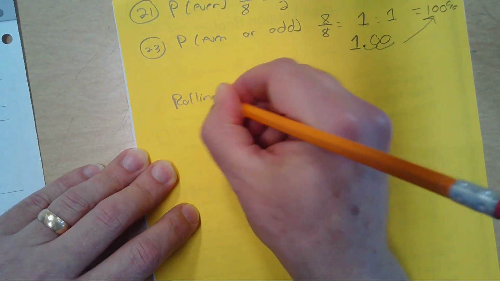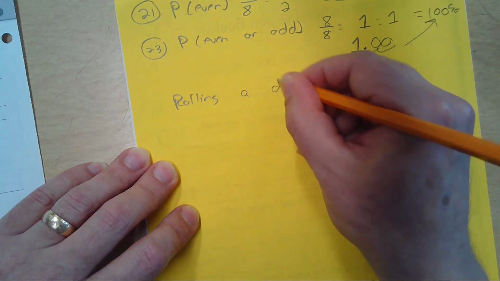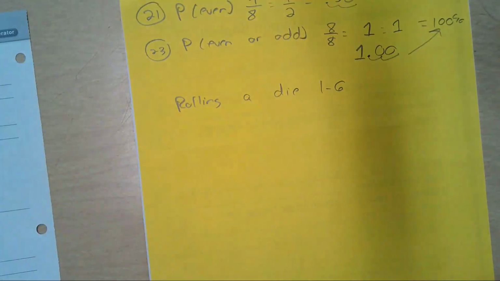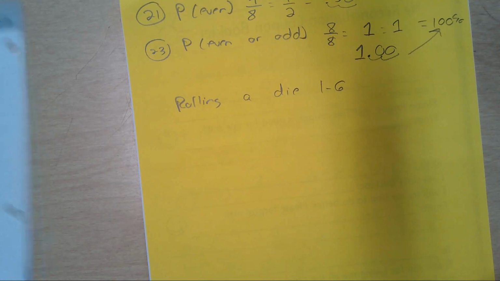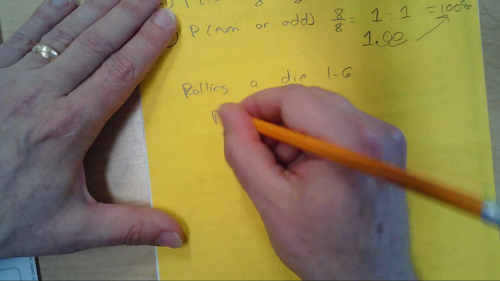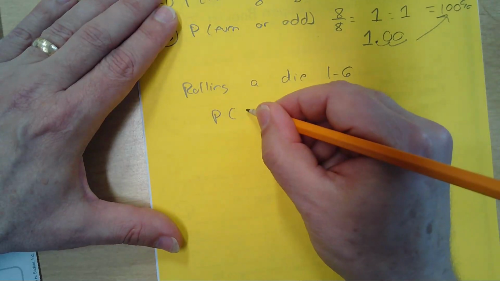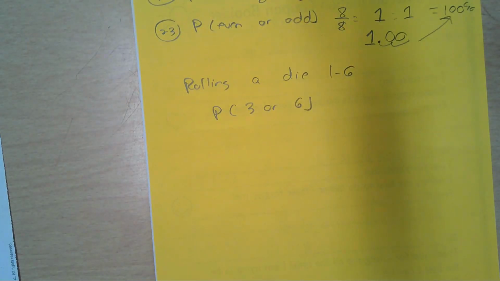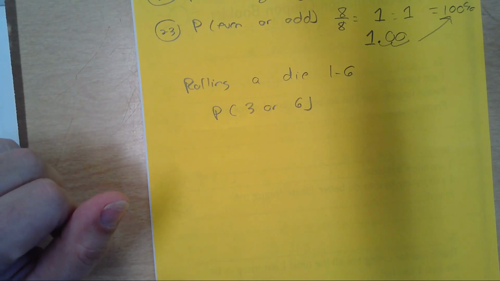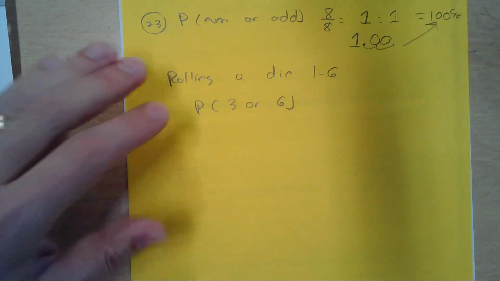I'll just briefly create one here. We'll say rolling a die, and same deal. We'll just do a couple of these. Rolling a die, 1 through 6. State the complement, and find the probability of the complement event. So if I say the probability of rolling a 3 or 6, what is the complement of that, or what is the opposite?